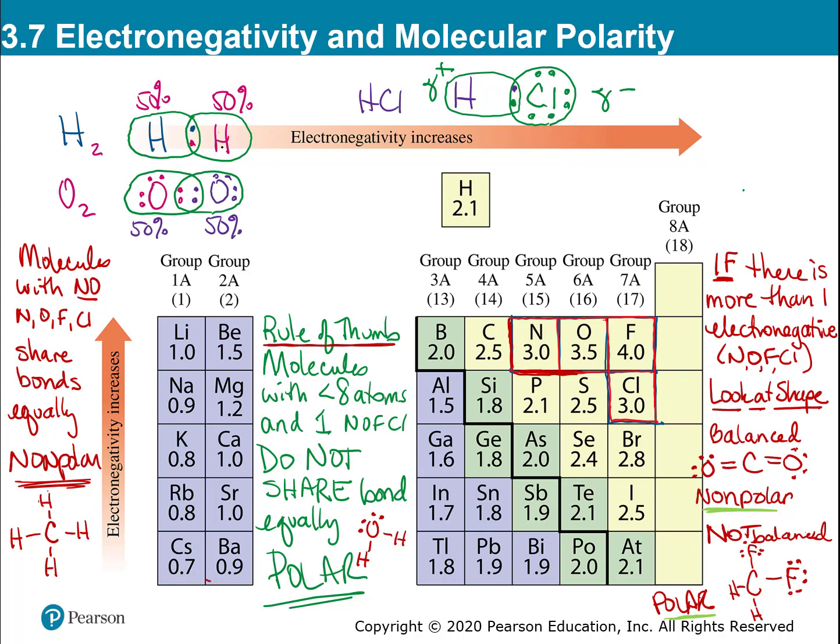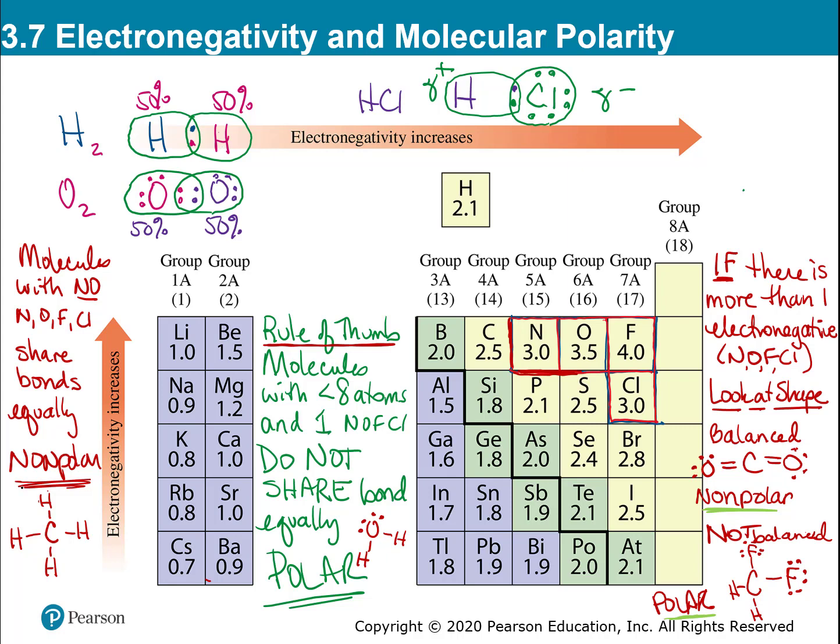So they're equally shared. Even oxygen, which is an electronegative atom, if you have O2, they both have the same attraction. So I tried to draw their little electrons closer to the non-bonding ones, but they still have to share those equally because they have the same attraction.